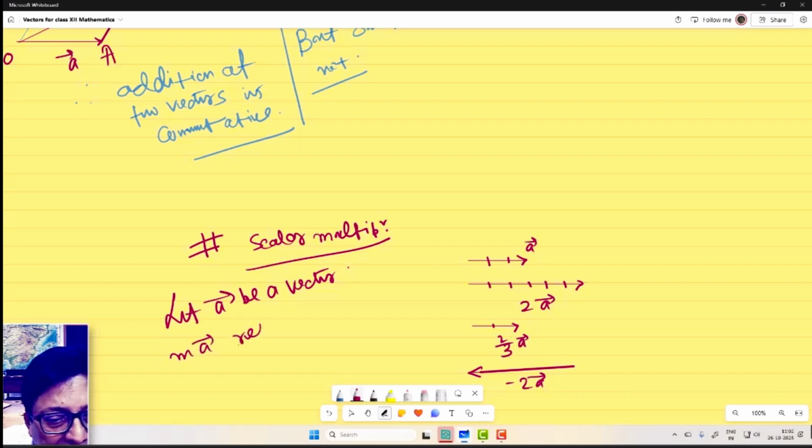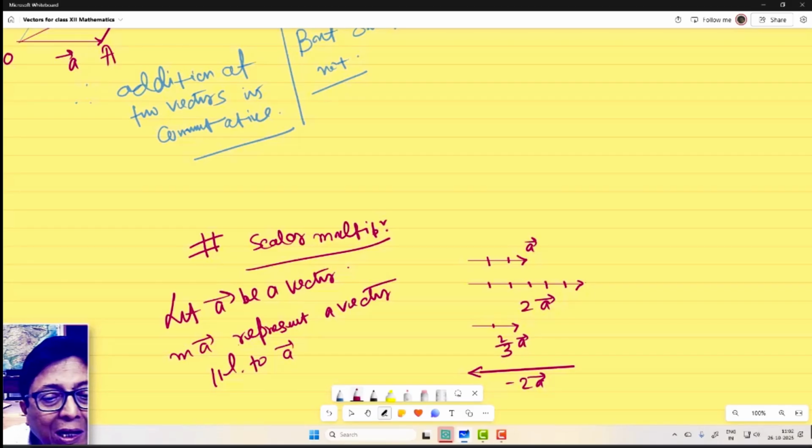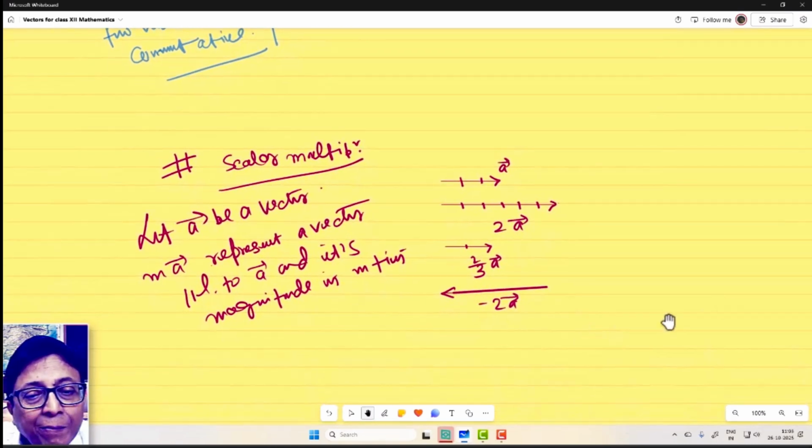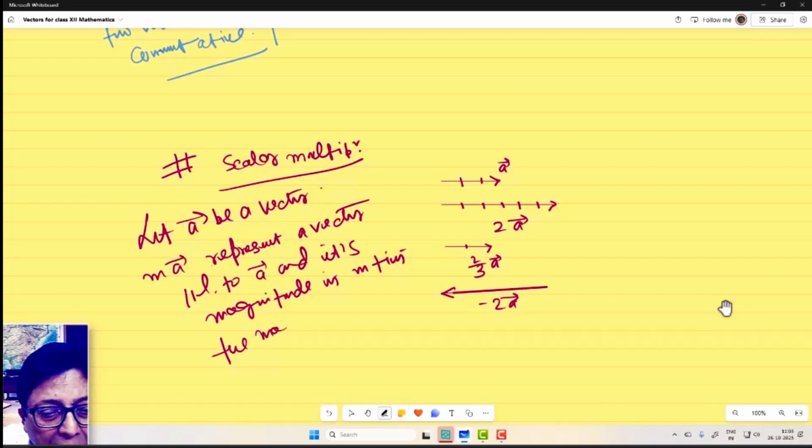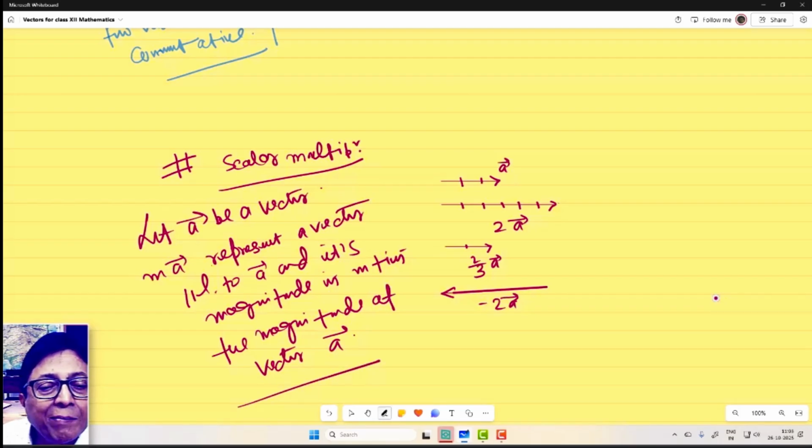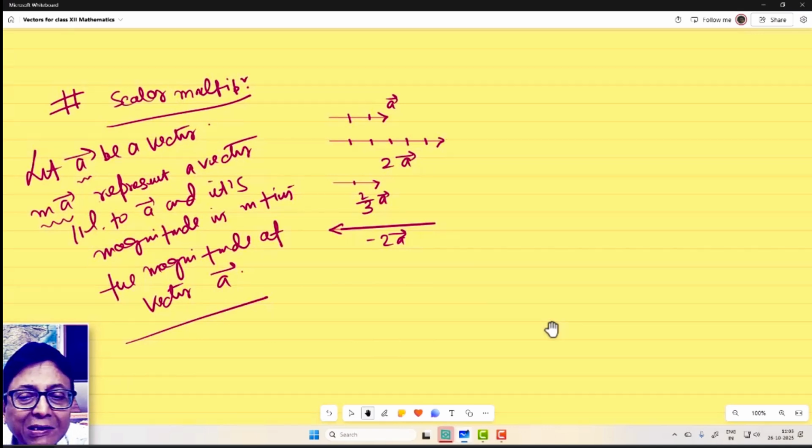M into A represents a vector parallel to A or along A, and its magnitude is M times the magnitude of vector A. Okay, so you understand, A vector is there, MA is a vector which is along the direction of A, and its magnitude is M times that of vector A. Clear? Scalar multiplication, you understand.